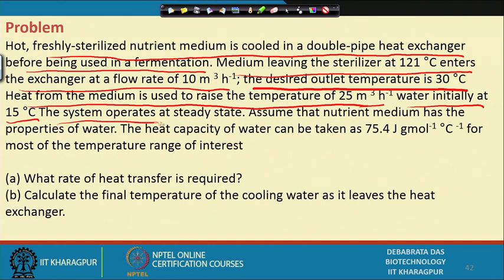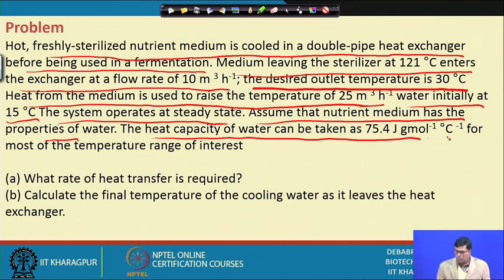The system is operated at steady state. Assume that the nutrient media has the properties of water. So, we assume the properties of water remain unchanged with the change of temperature, and the heat capacity of water can be taken as 75.4 joules per gram mole per degree centigrade.